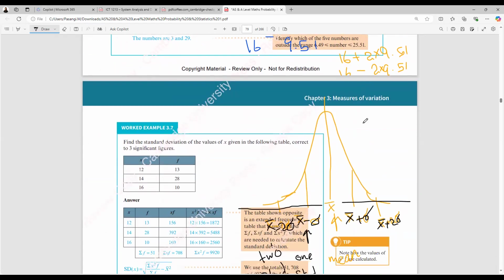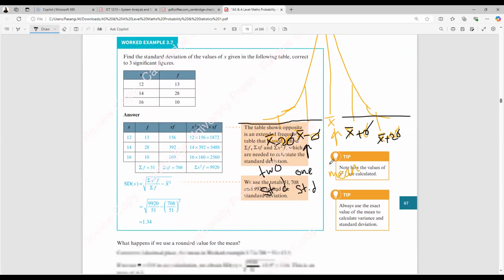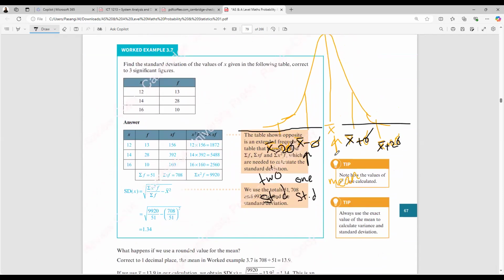Okay, can you do the 3.7? 3.7. Find the standard deviation of the values of x. Correct to three significant figures, following the table.